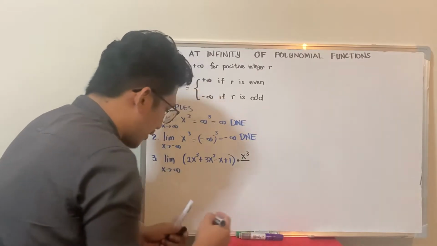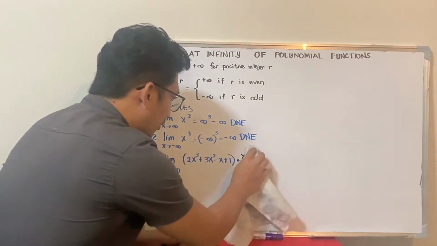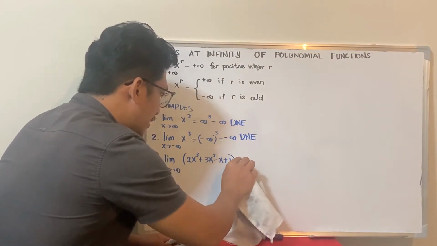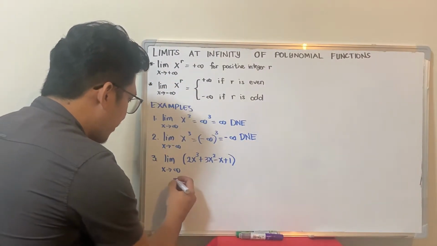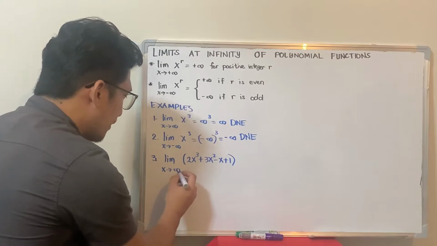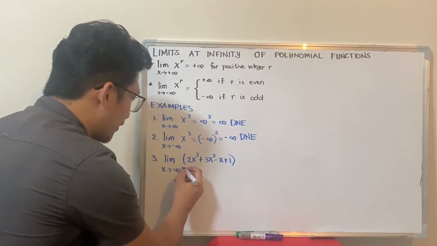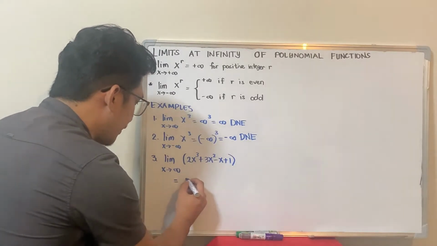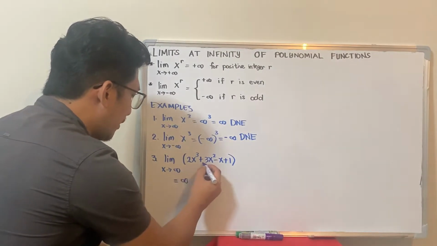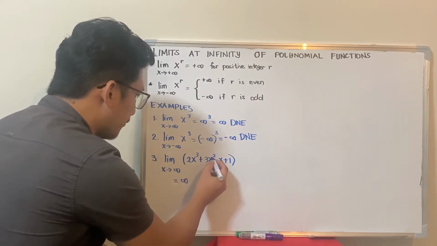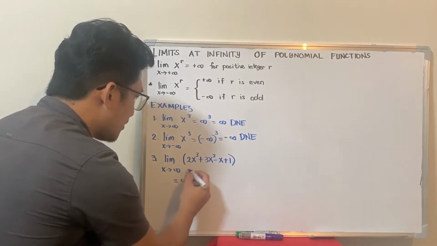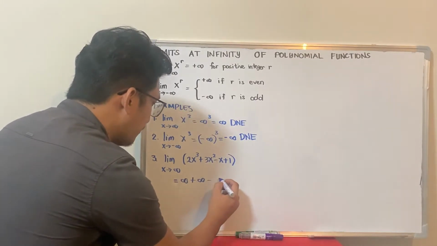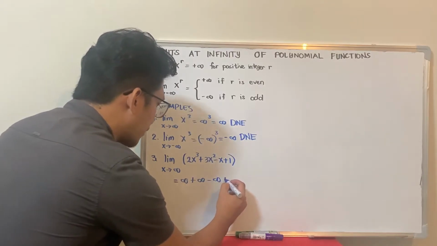Because if I just substitute right away, let me show you. Of course, the result will be this: 2 times infinity cubed is just infinity. 3 times infinity squared is also infinity. Minus, substitute infinity, minus infinity, and then plus 1.